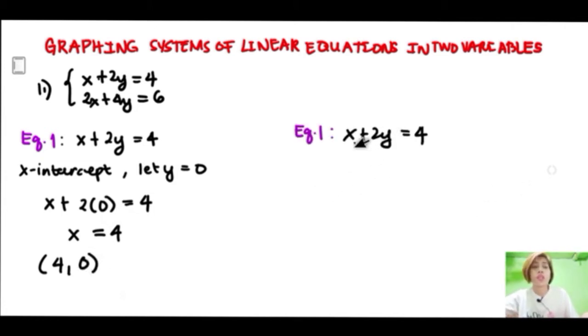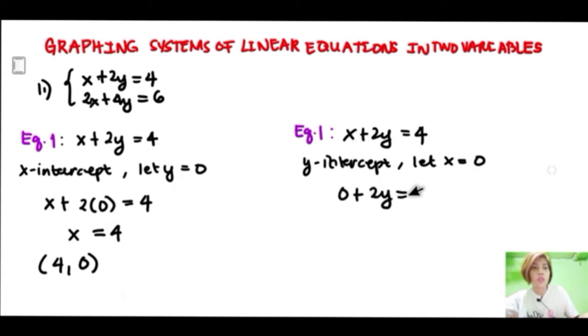So, ganun pa rin. Equation 1 pa rin gagamitin natin. Pero, y-intercept naman yung kukunin natin. So, to find for the y-intercept, we let x be equal to 0. So, using this equation, x plus 2y equals 4, x is 0, plus 2y is equal to 4. So, since 0 na yan, hindi natin isulat.